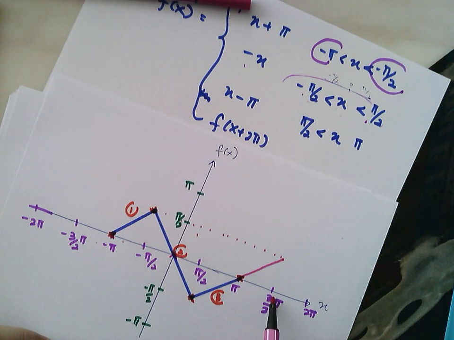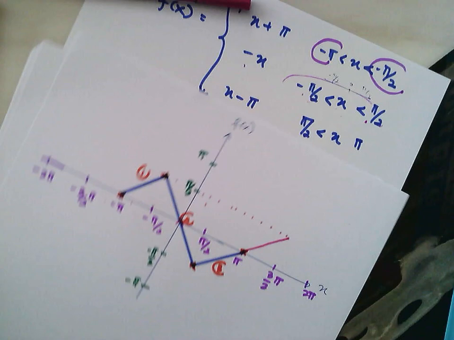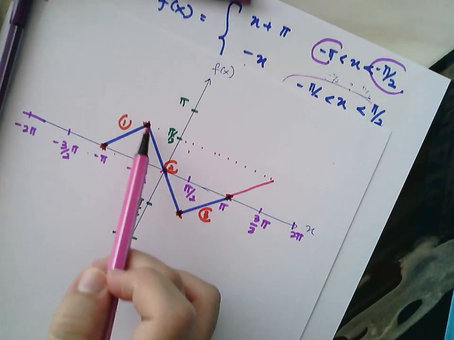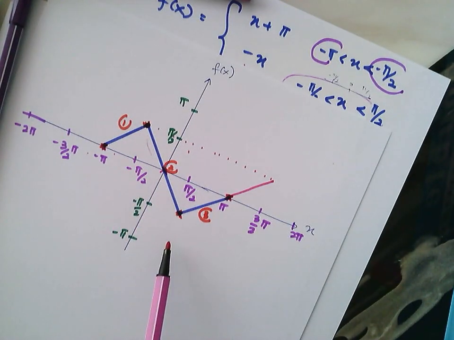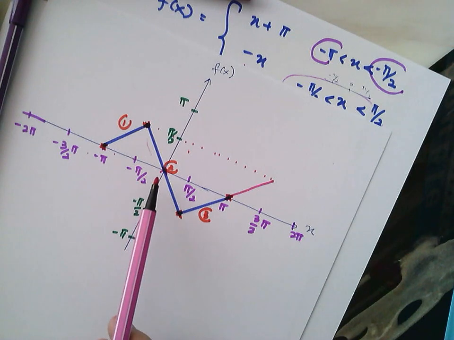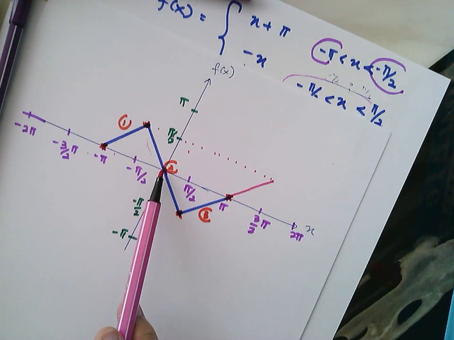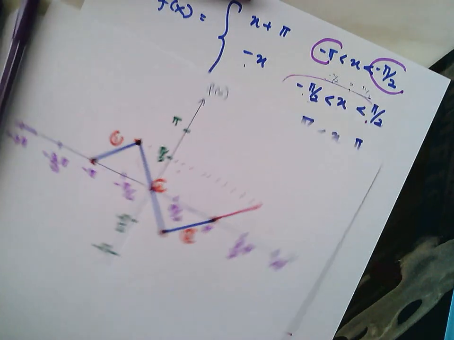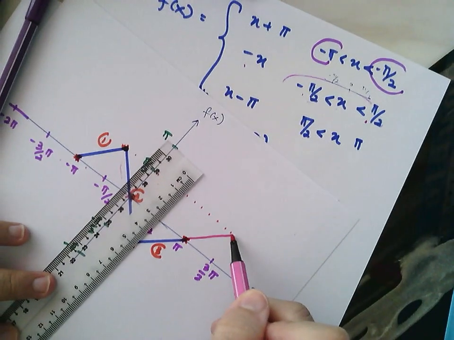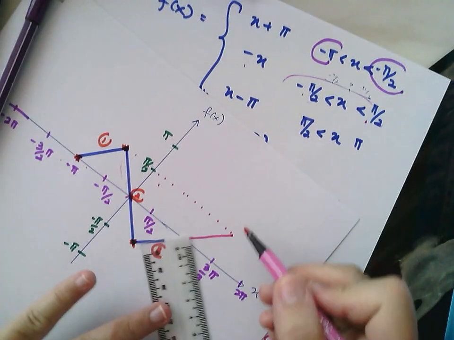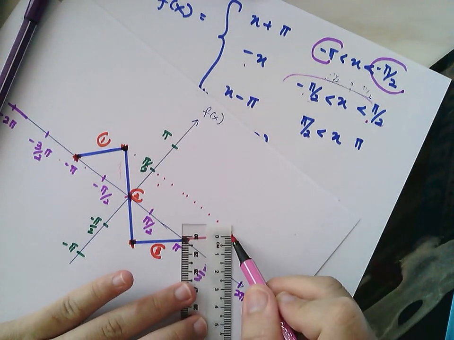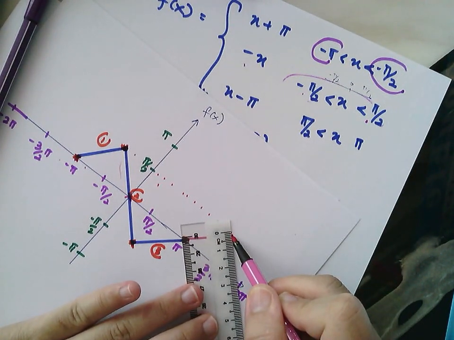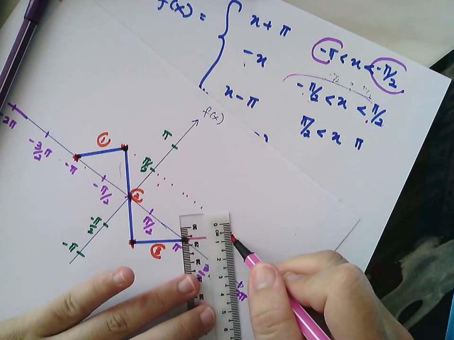The second one is this straight line, and as you can see, this straight line touches the axis here, the point 0, 0. So therefore you will have this one here.